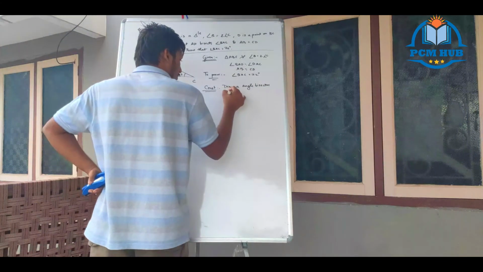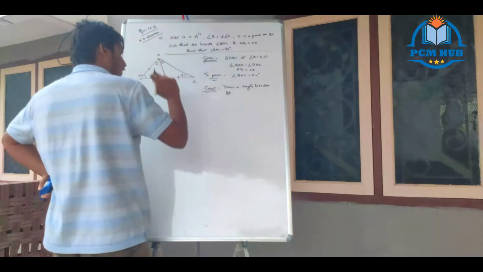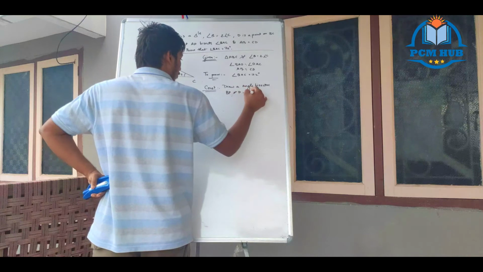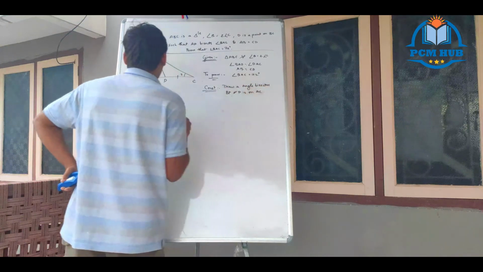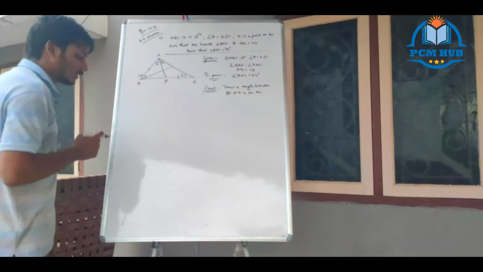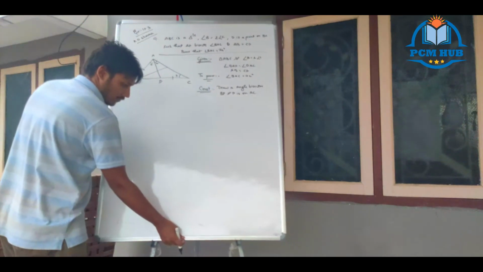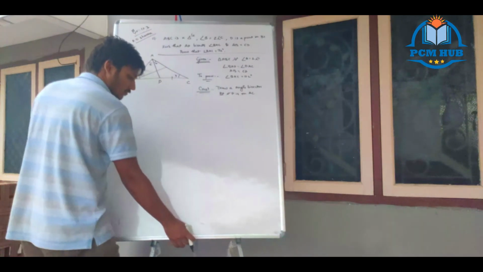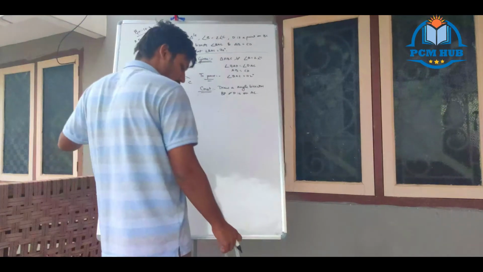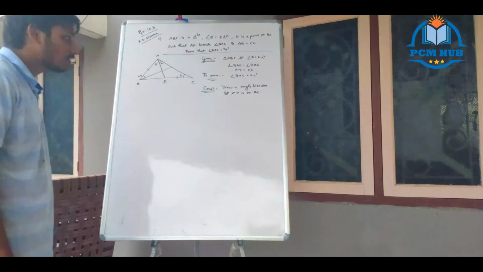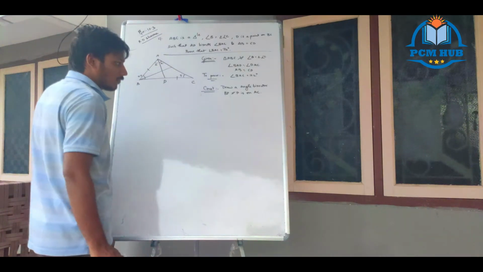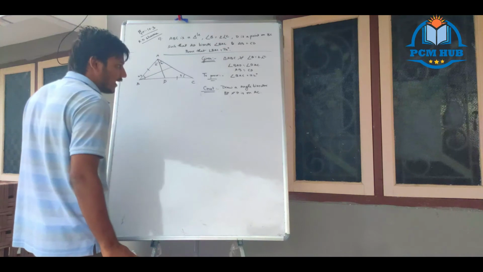BP, B to P, where P is on AC. You are drawing like this. Is it clear? Where P is on AC.